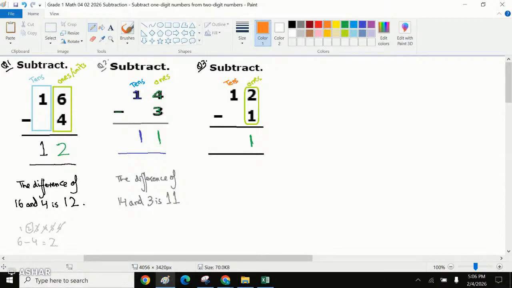And since this was 1 ten, it comes down as it is, 1. So we can say the difference between 12 and 1 is 11. Agreed?